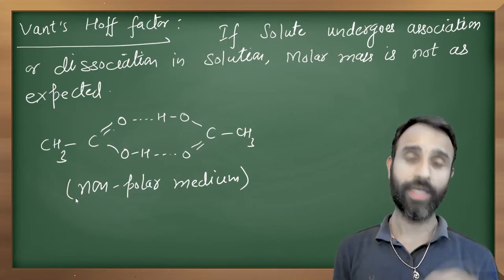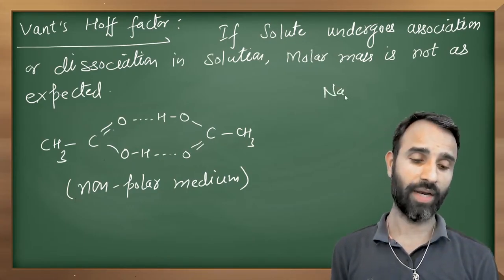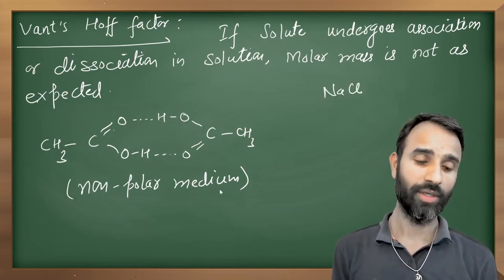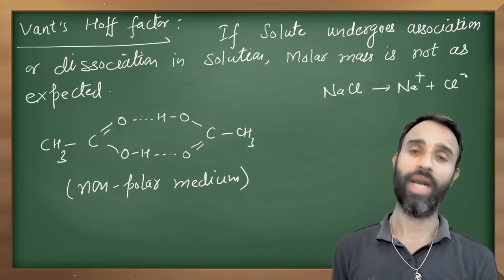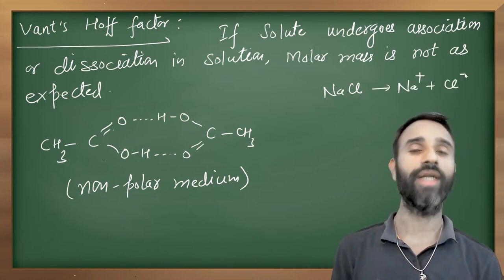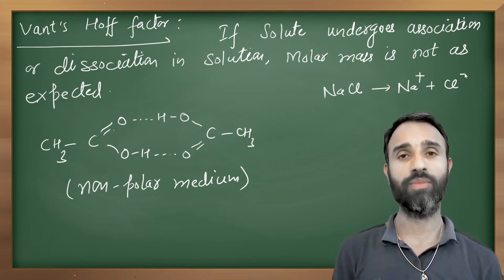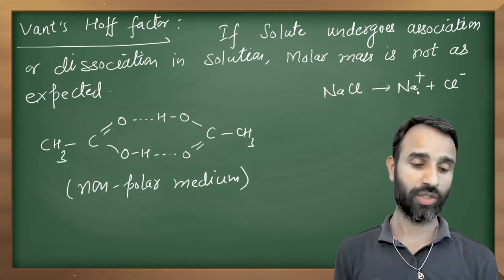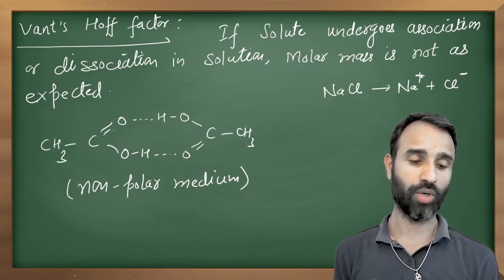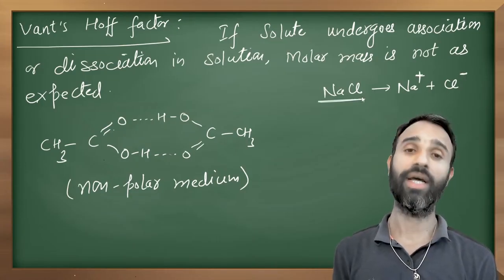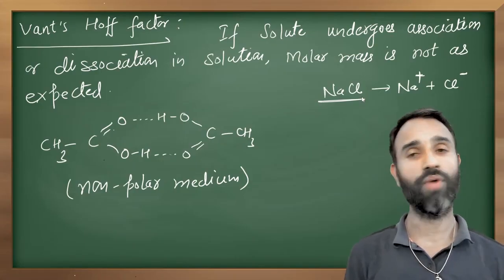Same, if NaCl is dissolved in water, it dissociates into Na+ and Cl-, and therefore its observed molar mass comes out to be less than the actual molar mass of NaCl.